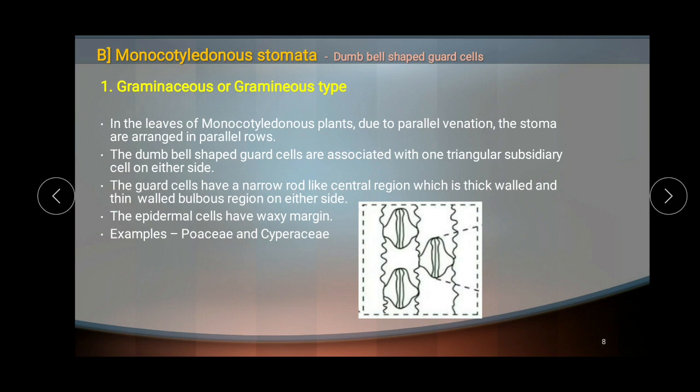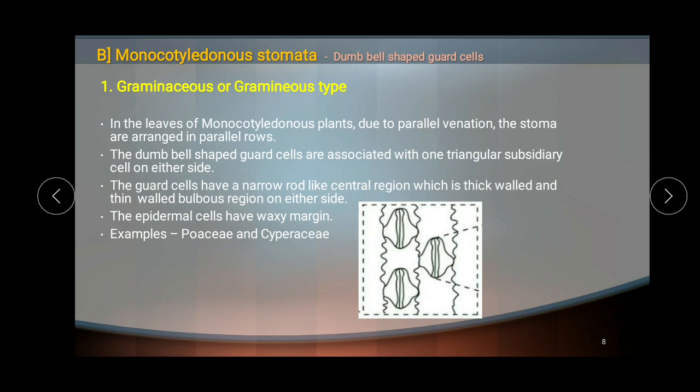In this type, as the monocotyledonous leaves have parallel venation, the stomata in such leaves are arranged in parallel rows. That means epidermal cells are present in parallel rows. That's why the stomata are also arranged in parallel rows.